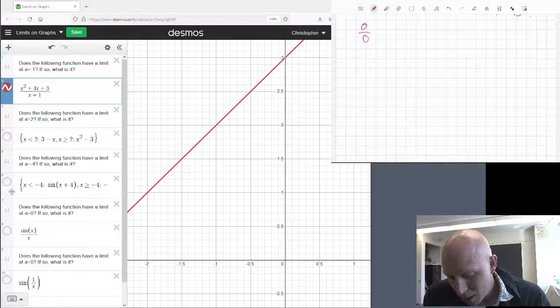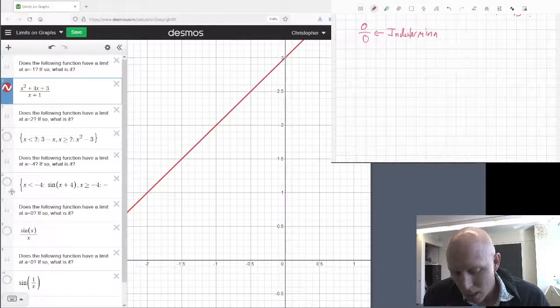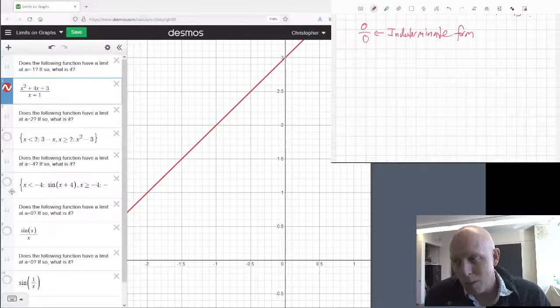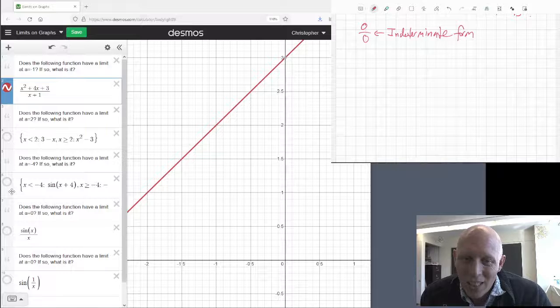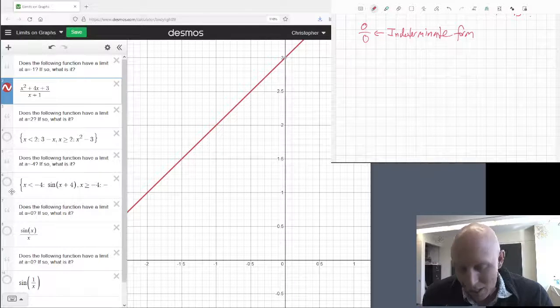When we see something like 0 over 0, sometimes we call this an indeterminate form. Basically, there's no value that it gives.